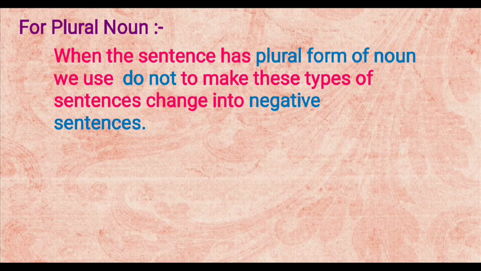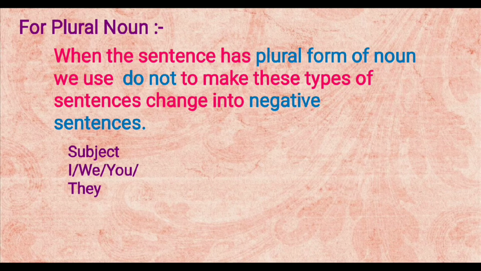Let's move on and see what we do when the noun is in a plural form. When the sentence has a plural noun, we use do not to make this type of sentence negative. Let's see the formation. What is the formation of positive sentences when the noun is plural in simple present tense?